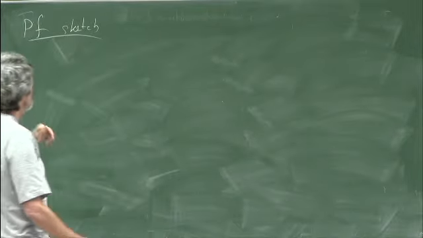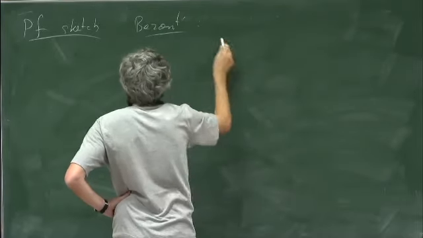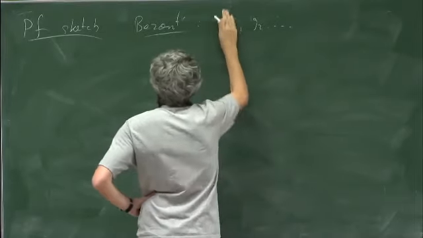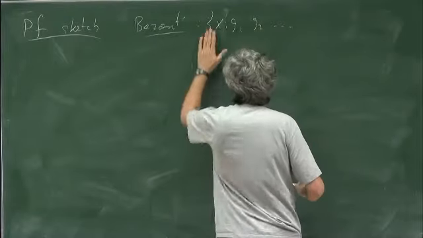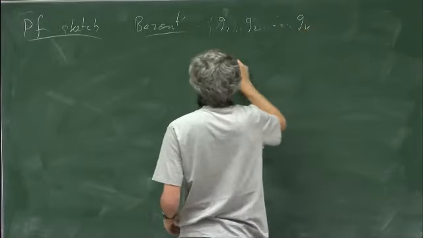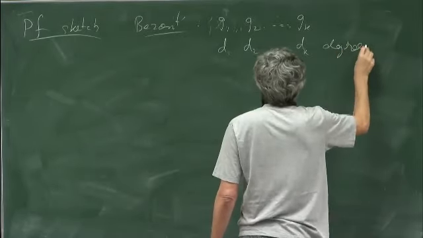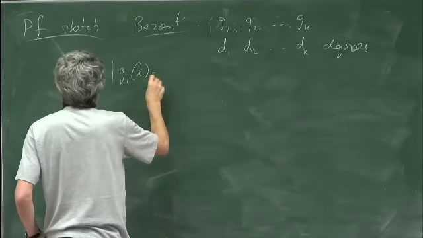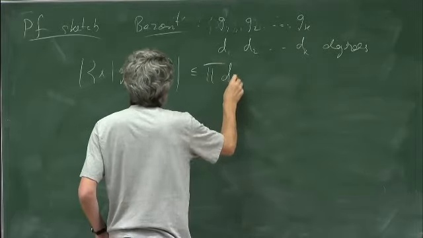So what does Bézout tell us? That if we have a set of polynomials g1, g2, up to gk, with degrees d1, d2, up to dk, and we look at the set of all vectors x that simultaneously satisfy all of them, then the number of roots is at most the product of the di.